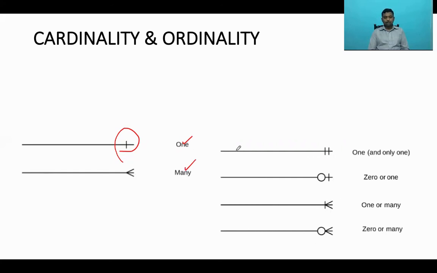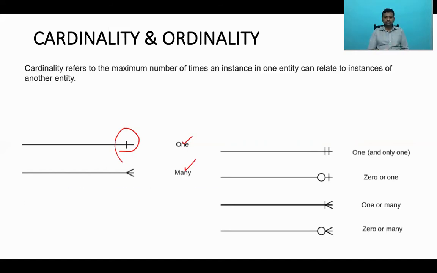Now what I'm mentioning here, the maximum relationship that it can have, is called cardinality. So the maximum instance that it can relate to. Whenever I have one from here relating to one or more than one, what is the maximum here?